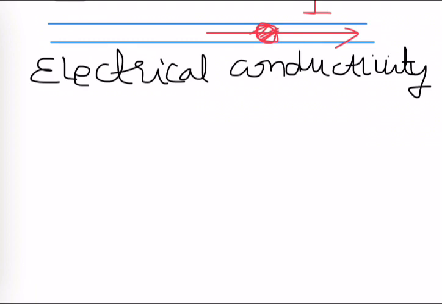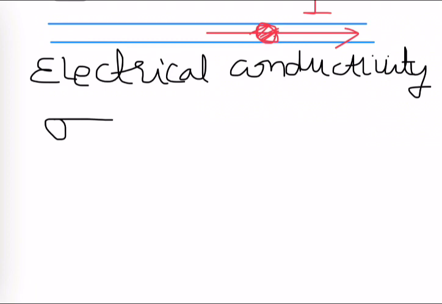It is the ability of the conductor to conduct the current. The higher the conductivity, the more current flows through it. What is the symbol used? Electrical conductivity is represented by sigma.